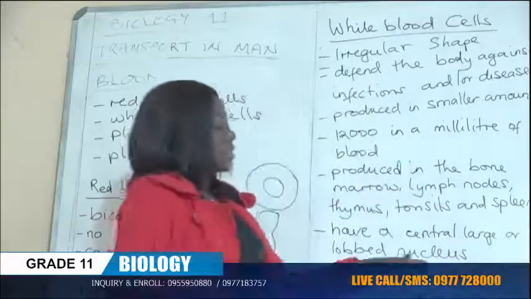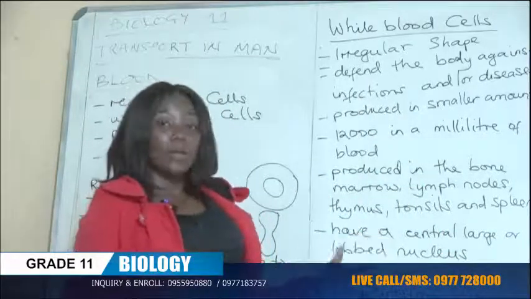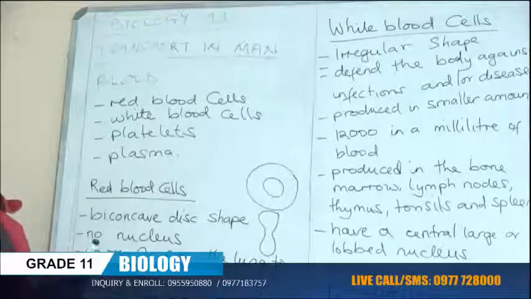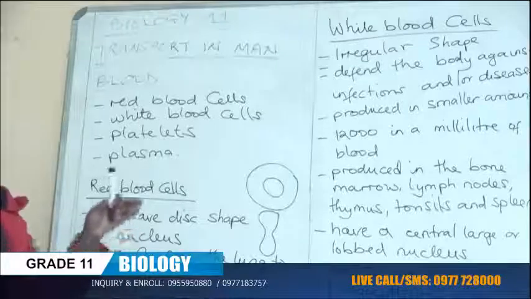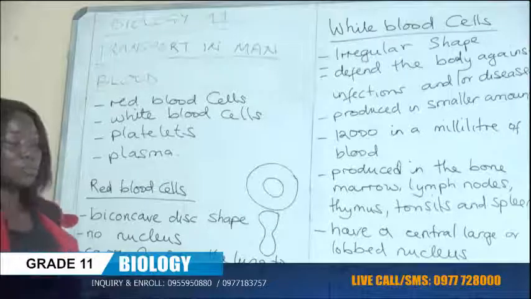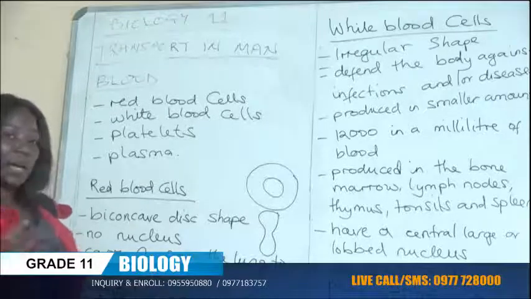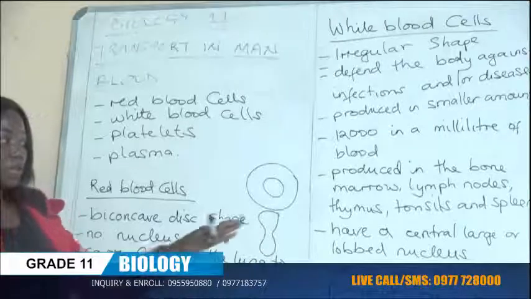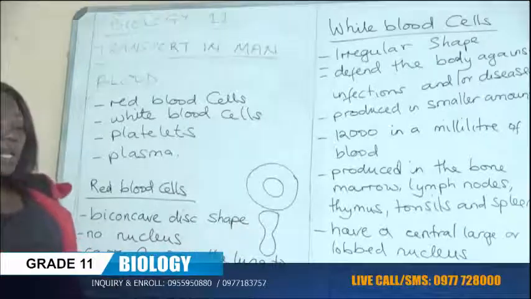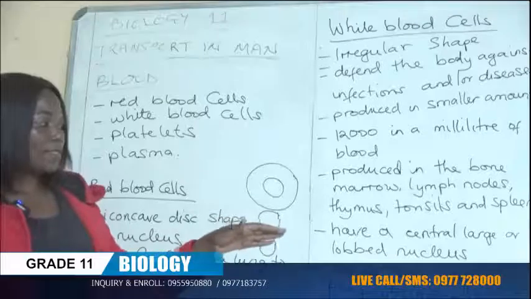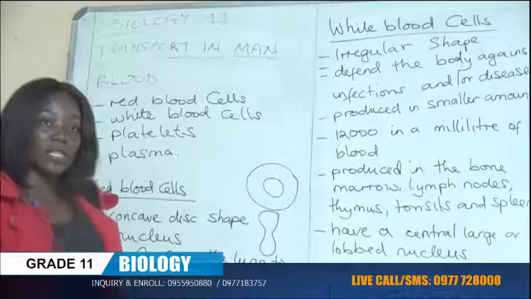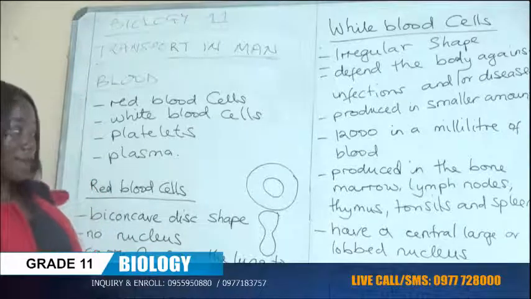So the phagocytes move in the blood. They have a movement body. From last time I gave you a shape of a white blood cell. It was irregular, and I said it moves the way an amoeba moves. It has an amoebic, swimming-like movement because it swims in blood to be able to find bacteria or germs which are moving in the blood. So the phagocytes move in the blood so that they're able to engulf the bacteria, whereas the lymphocytes remain in the lymphatic system, producing antibodies and antitoxins which will move to where the bacteria is.